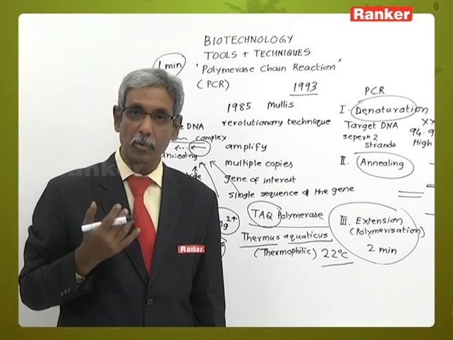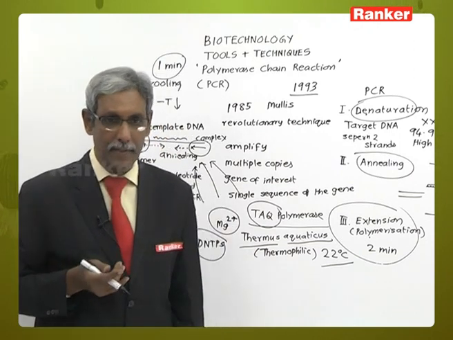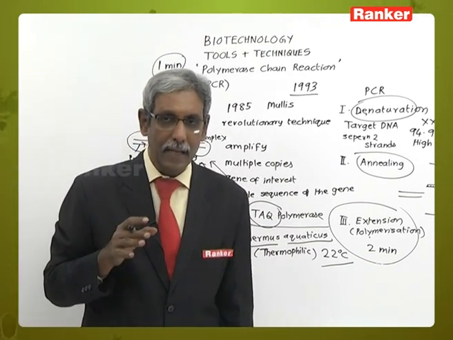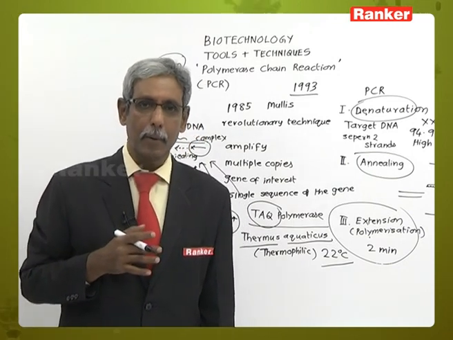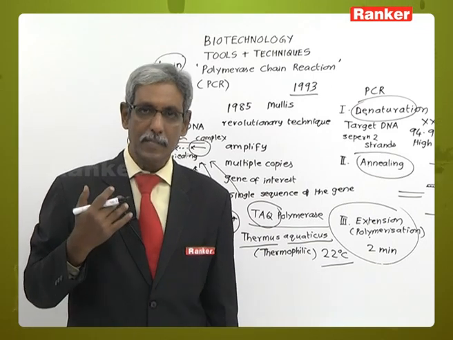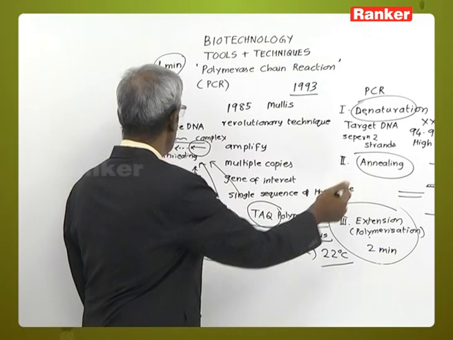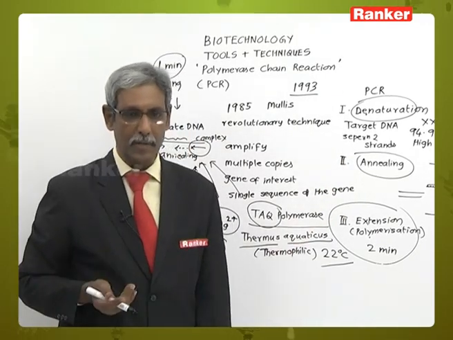There is separation of the two strands of the DNA, and there is a use of primers. Again, in PCR we use a very important enzyme which is termed Taq polymerase. It involves 3 steps: denaturation, annealing and extension, using different temperatures.